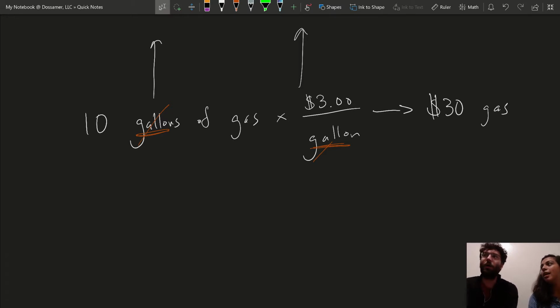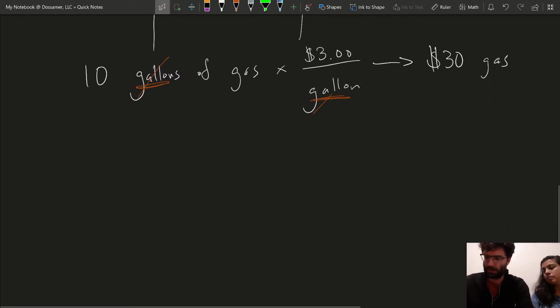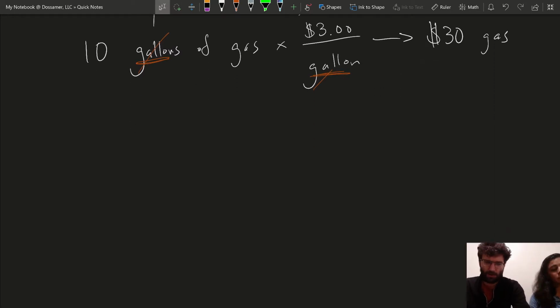Yeah. What do I mean when I say unit? A gallon. Yes, here specifically. So there's some quantity that we're measuring, in this case gallons of gas, and then there's some conversion rate that we have to turn gallons into a dollar expense.